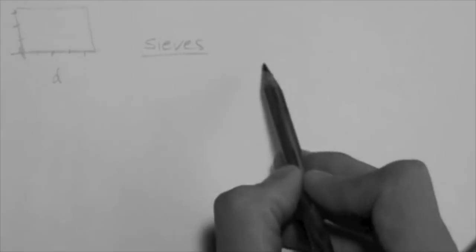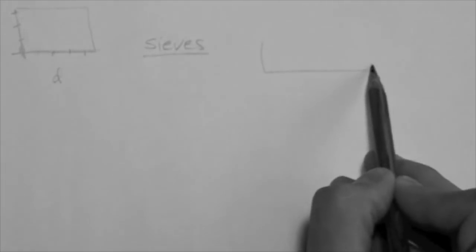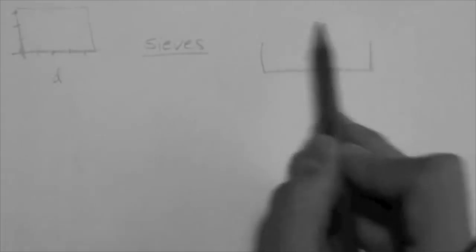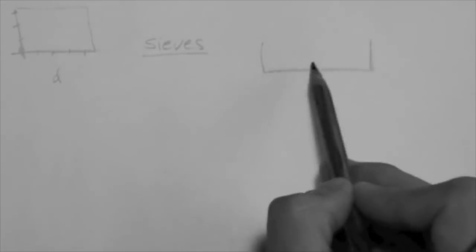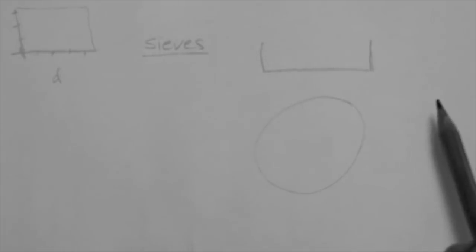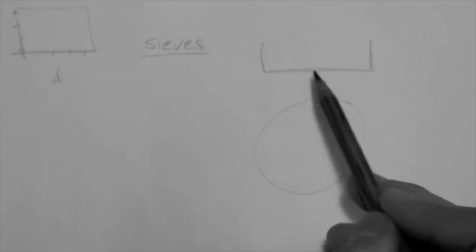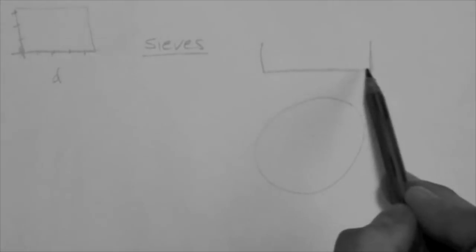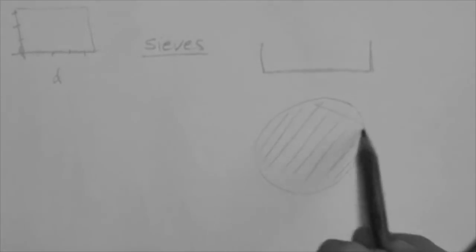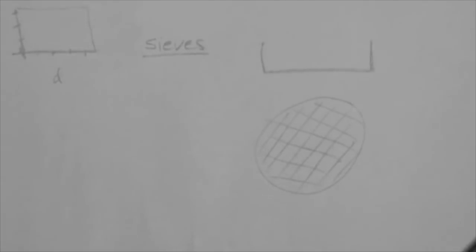A sieve is essentially like a pan or a cup. It's cylindrical. This is a side view. If you look at it from the top, it looks like this. But instead of being a standard pan or a standard cup, it's a cylinder whose bottom is composed of a mesh, like a wire mesh.